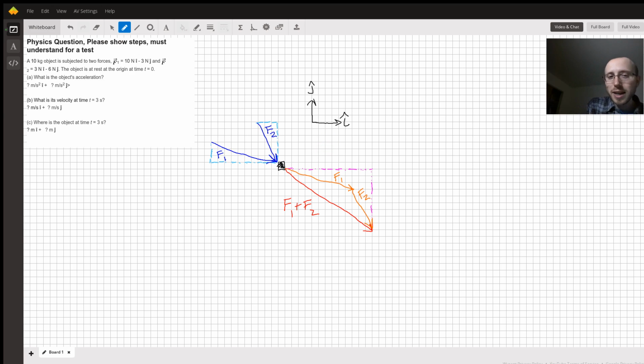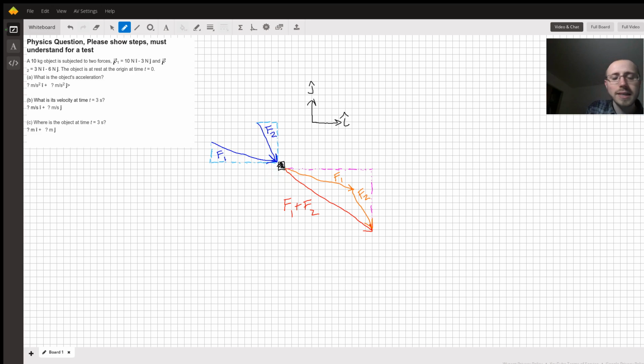And so when we write F1 as 10 newtons in the i direction and minus 3 newtons in the j direction, all we're saying is that force number 1 is directed down 3 newtons and to the right 10 newtons. And so I've drawn out both forces here on the diagram to help visualize what's going on.